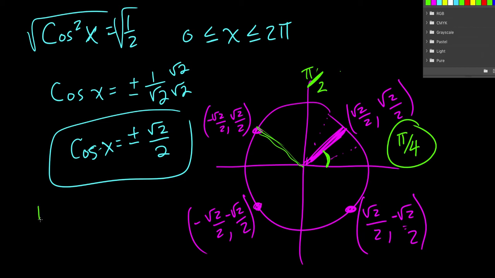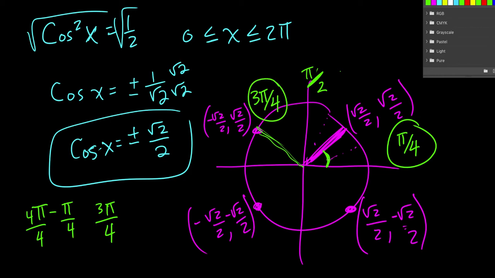It doesn't actually matter, so I'm just going to say pi minus pi fourths. And this would be 4 over 4. And so 4 minus 1 would be 3 pi fourths. So this one is 3 pi fourths. Once again, that represents the angle rotating from here to here.